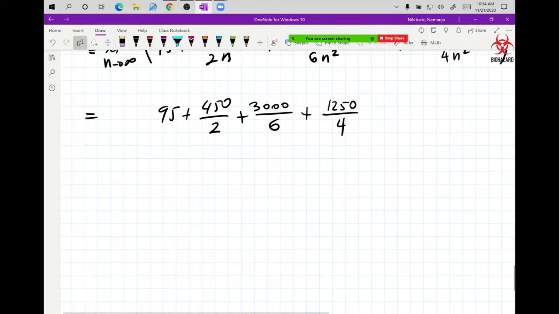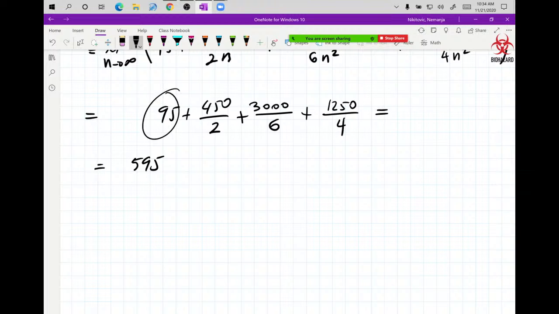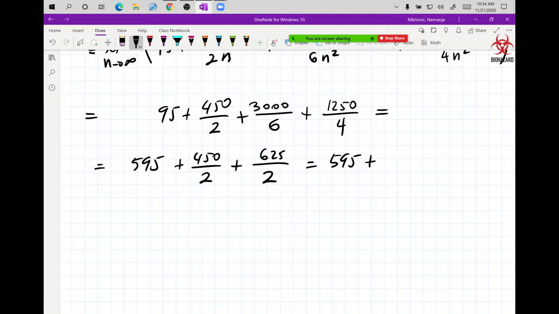So compute this. Well, we have 595 when I combine these two terms, and then I have plus 450 over 2 plus, when I cut this in half, because I want the denominator to be 2 so I can add it, I get 625. And now when I add those two, I get 1075 over 2.